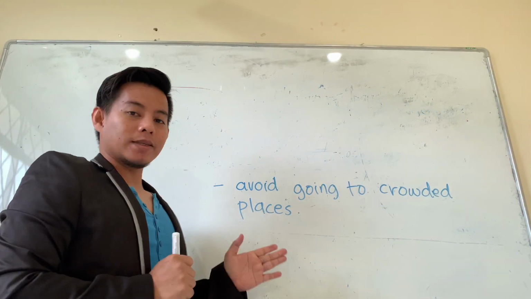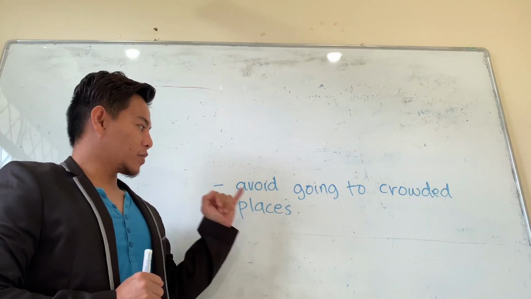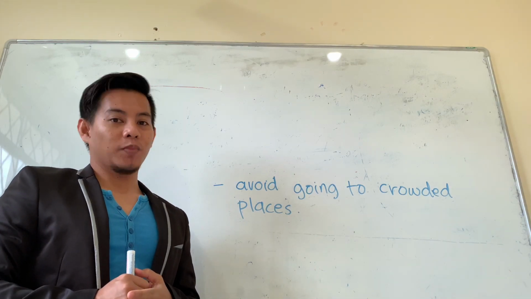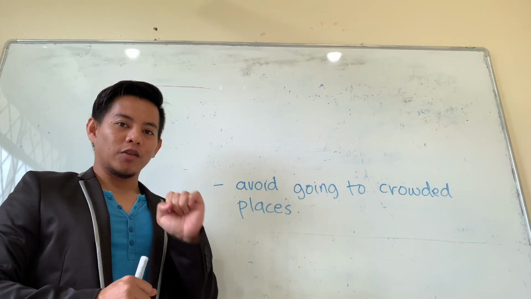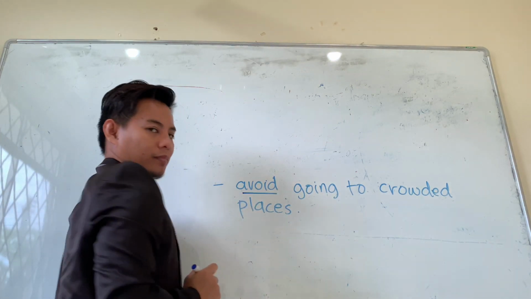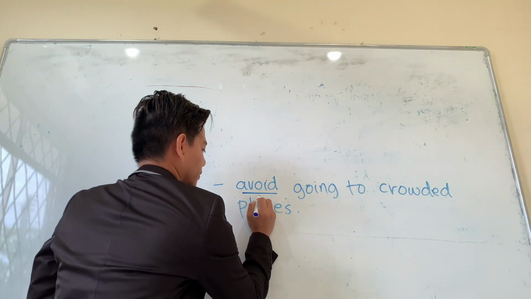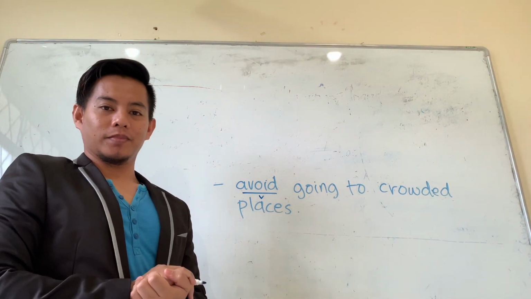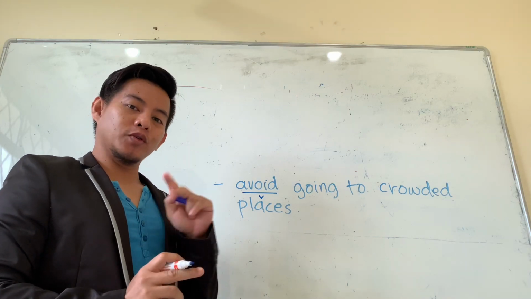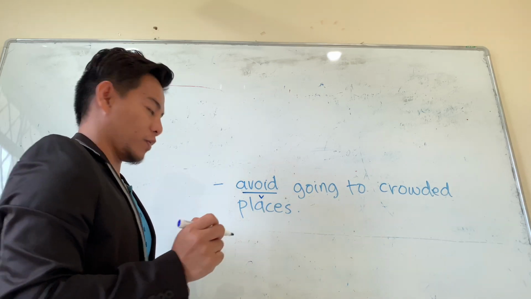Okay, now let's take a look at the second example. Avoid going to crowded places. So first, you have to underline the first word. Is there a verb? Yes, it is a verb. Since it is a verb, then you have to put two words in front or before the verb.